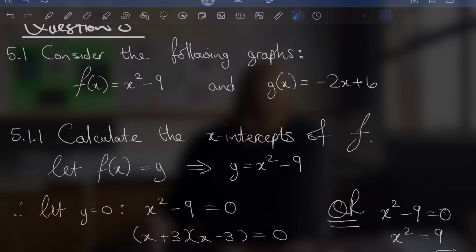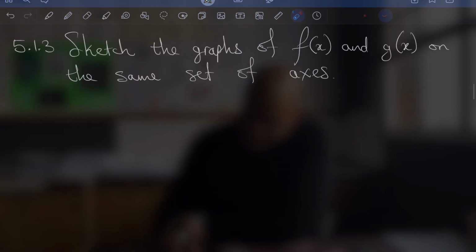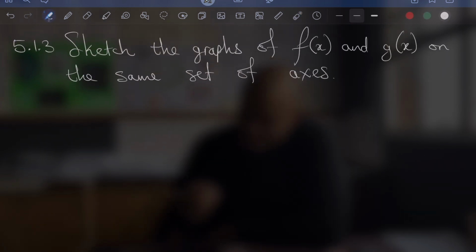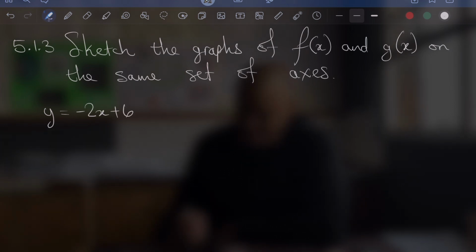And then of course for our straight line, we need 2 points. We'll need the x-intercept as well as the y-intercept. We already have the y-intercept, so for our straight line g of x, we are just quickly going to work out where the straight line cuts the x-axis. So for y equals negative 2x plus 6, I'm writing the straight line in terms of y and x, just putting aside the g of x for now, for convenience sake.